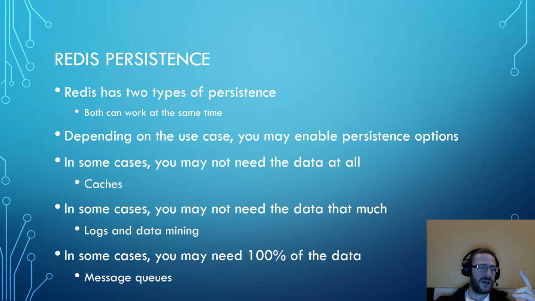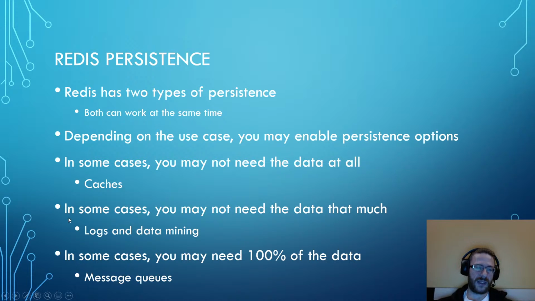But if it matters whether the site was visited by 2000 users, but it doesn't matter whether it was 2002 or 2010, that's just a detail, then you can use persistence which is not that durable and it may lose 1 second of data.